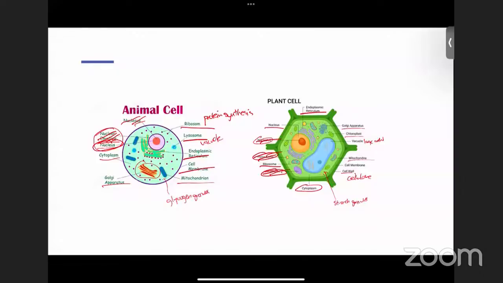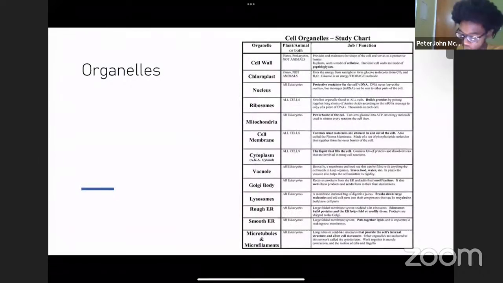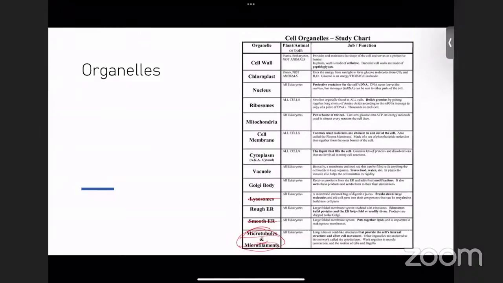Just read it. Again, forget about these things. The rest of these are fine. Perfect. So you can take a picture of this.